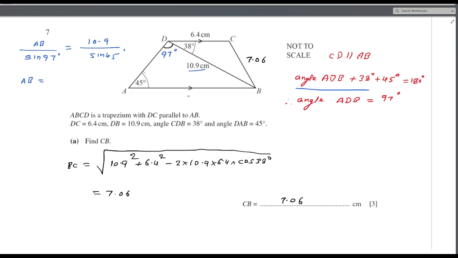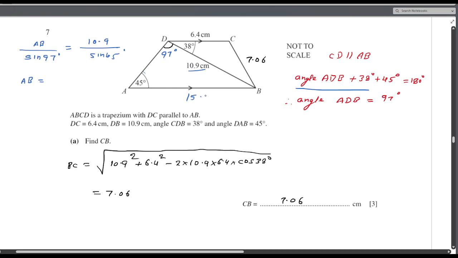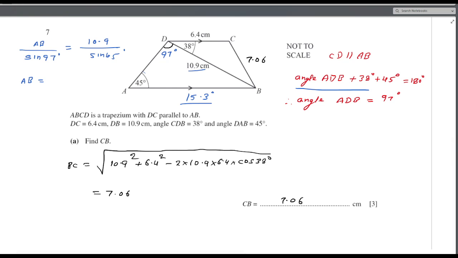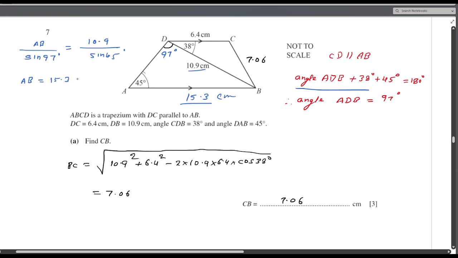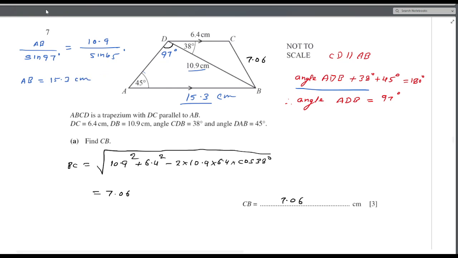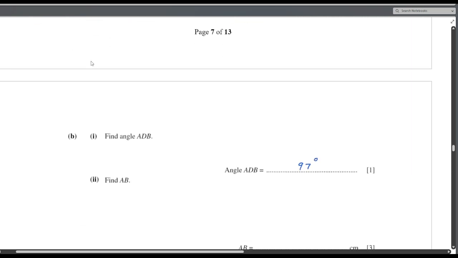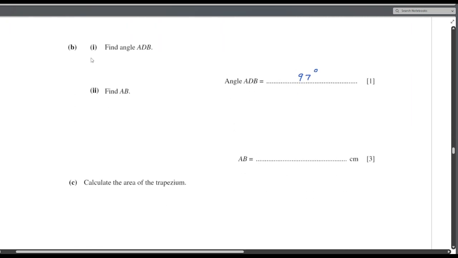So to calculate the AB length we use the sine rule, and it is 15.3 centimeters. Now calculate the area of the trapezium.